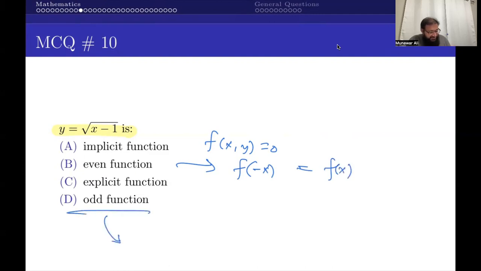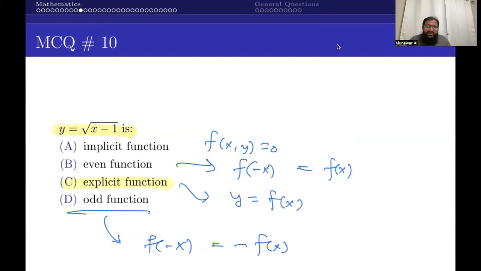And an odd function is where f of negative x is the whole function with a negative sign, and an explicit function is something which is written in this way. So obviously this is some sort of explicit function. Okay, so this is MCQ number 10, and I'll be discussing the rest of the MCQs in maybe the next parts.